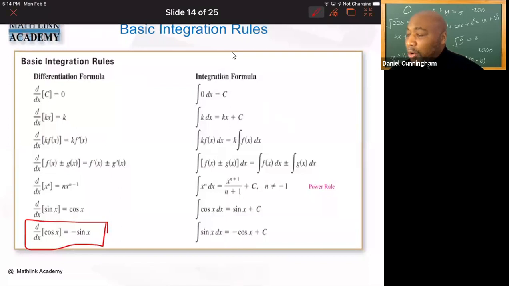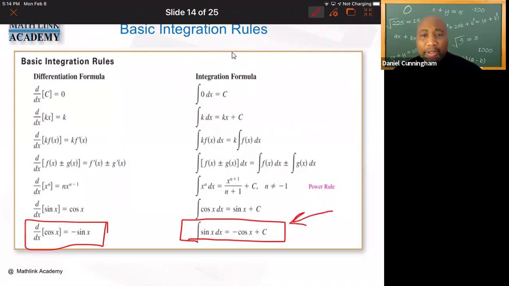So the integral of the sine of x dx is going to equal the negative cosine of x plus c. And make sure you note that finding the antiderivative of the sine of x dx gives the negative cosine of x plus c.